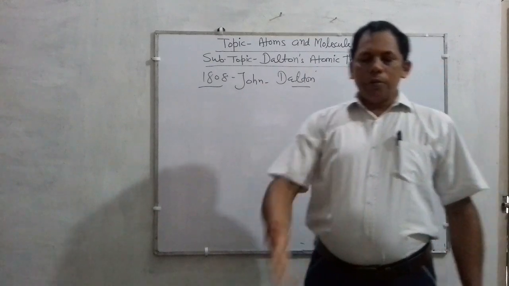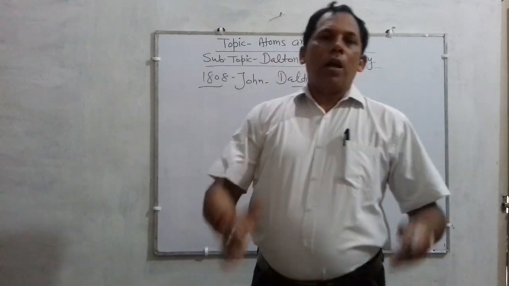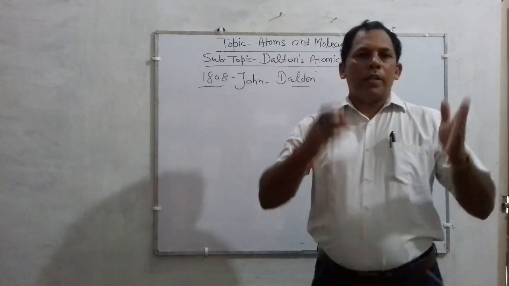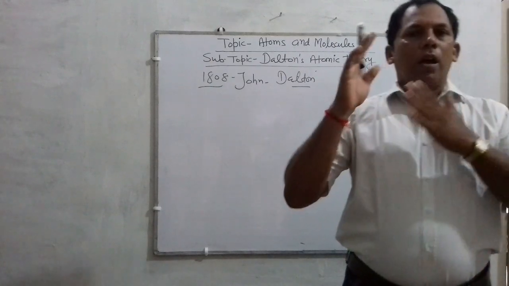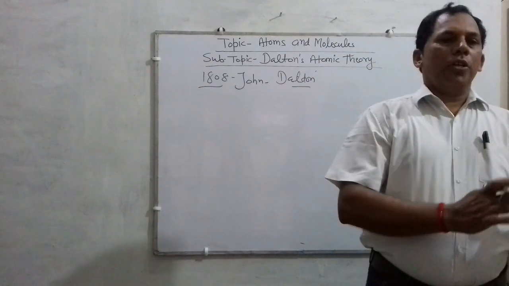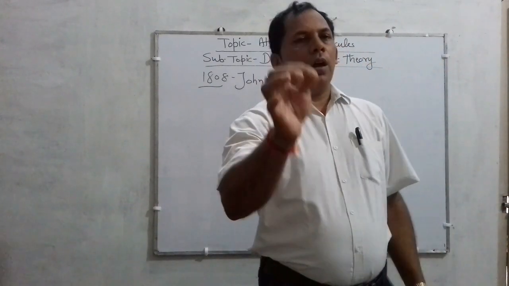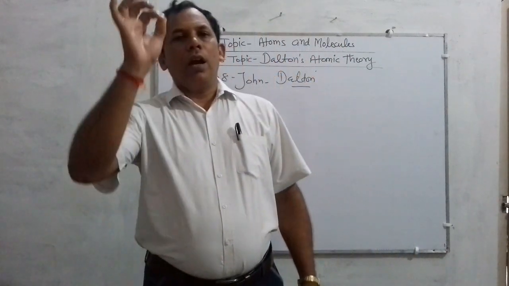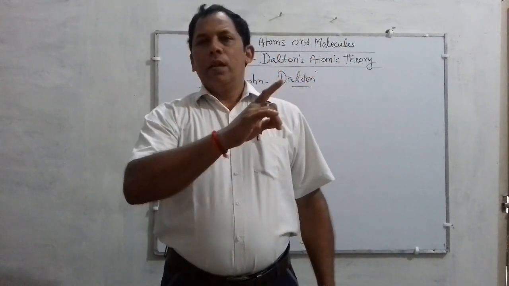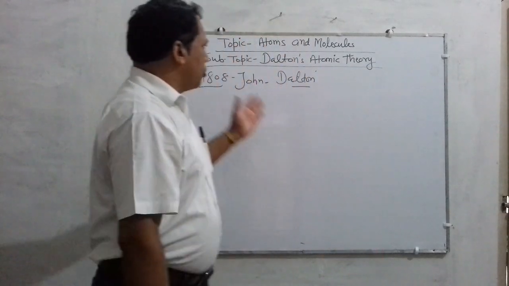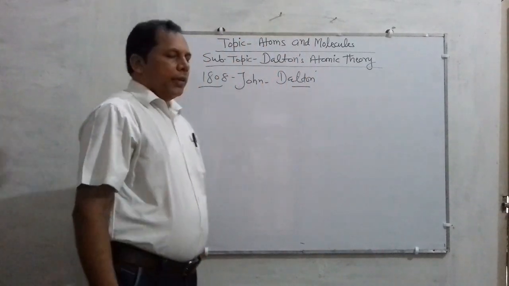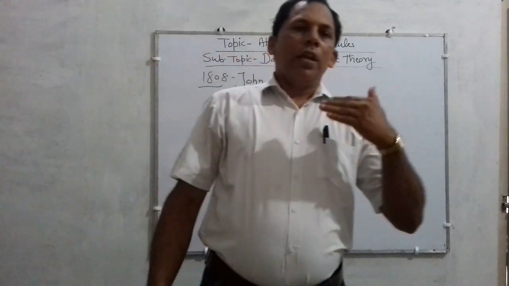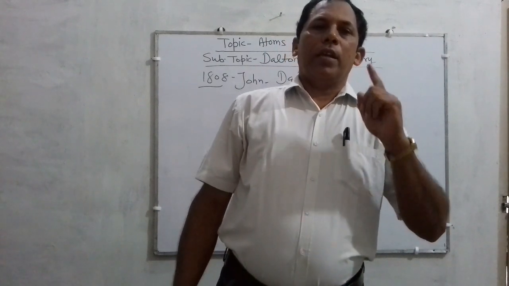According to Dalton, all matter, whether an element, compound or mixture, is made up of very small or teeny particles called atoms. The main postulates of Dalton's atomic theory can be given as follows.